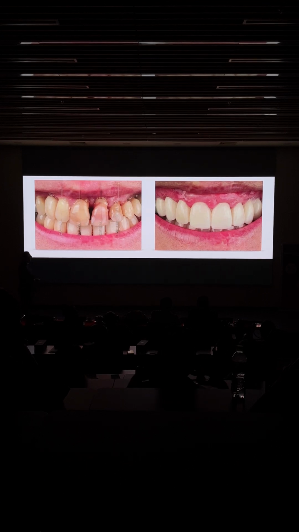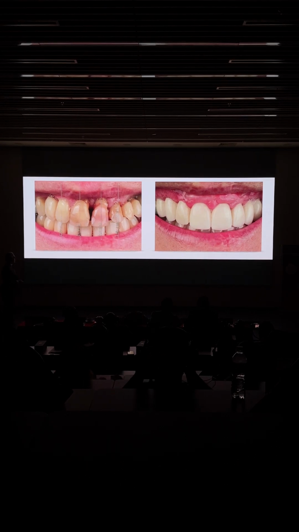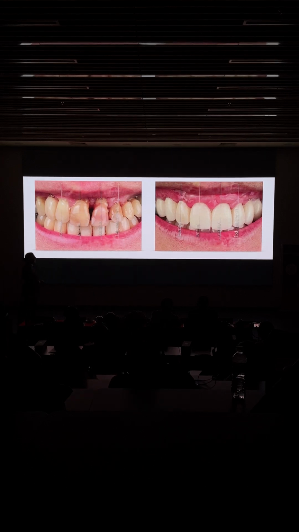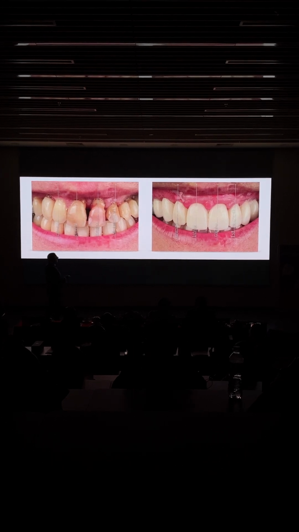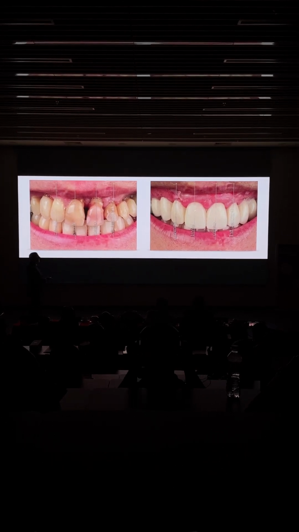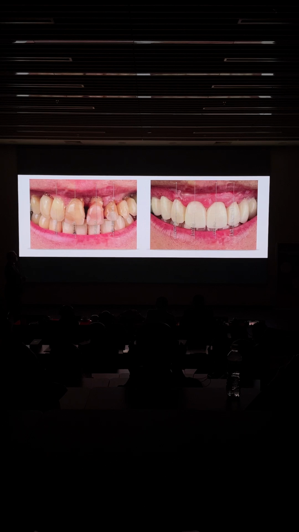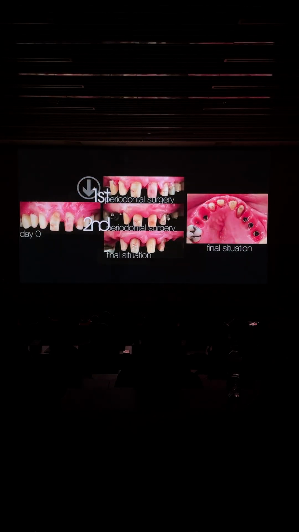So you can see that we were able, at least, to control line angles, control emergence profile, and most important, control the papilla heights at a certain level that looks pretty much decent. Okay. So you can see here the different steps we have gone through.